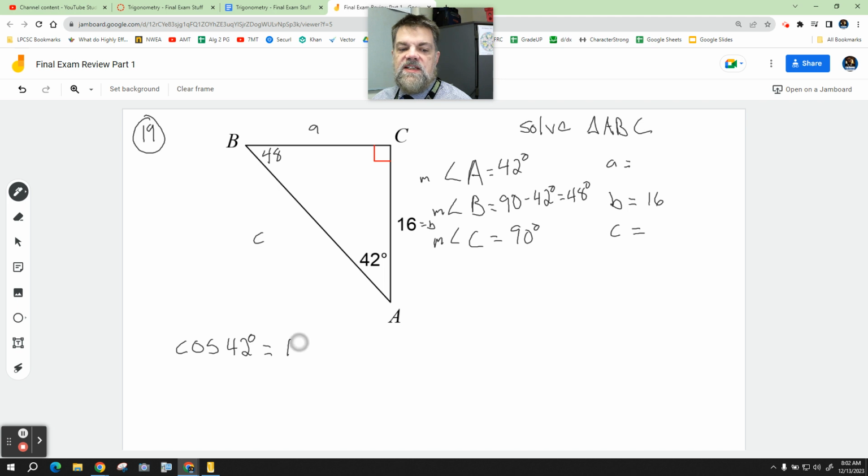So it would be 16 over C. Now algebraically, what I want to do is multiply both sides by C. These C's will cancel, and I'll get C times cosine of 42 degrees is equal to 16. And then I'm going to divide by cosine of 42 degrees on both sides.